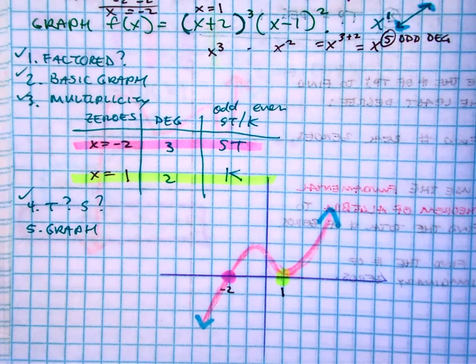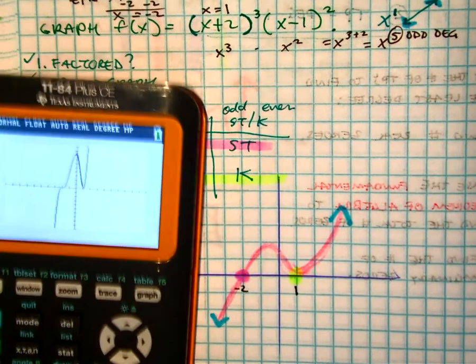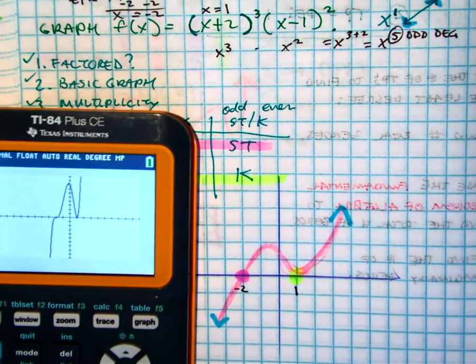Again, we're trying to graph this without the graphing calculator. Let me just verify that this works. x plus 2, third power, times x minus 1, second power, and you'll see that our graph is very similar.